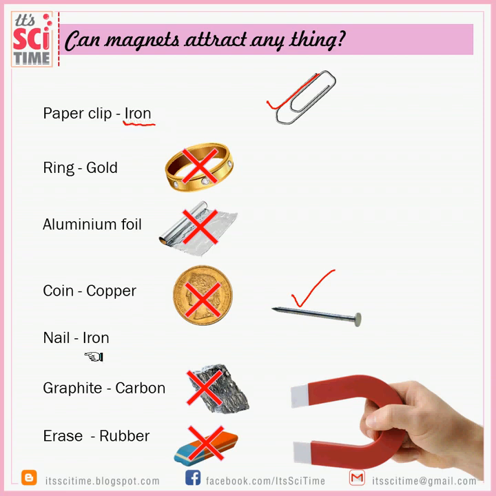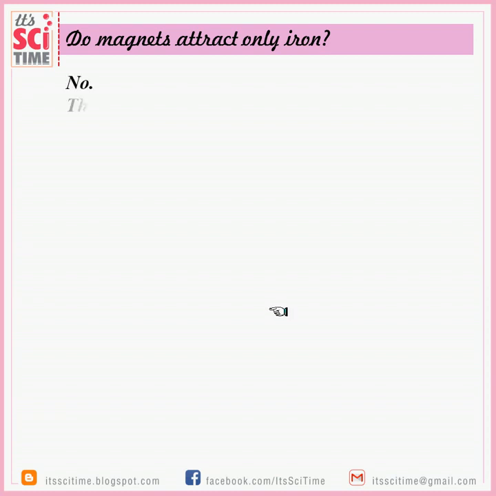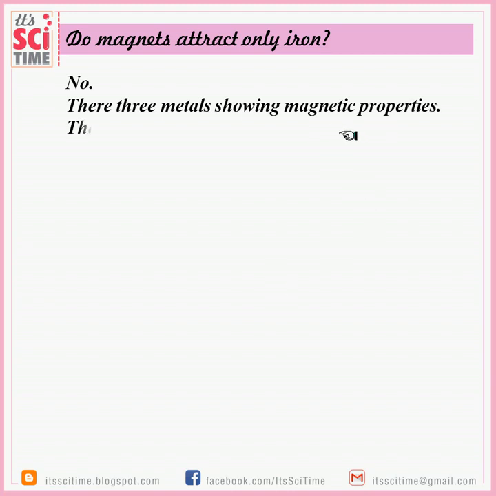We will have another question here. The question is whether magnets attract only iron. This time the answer is no. There are three metals showing magnetic properties.